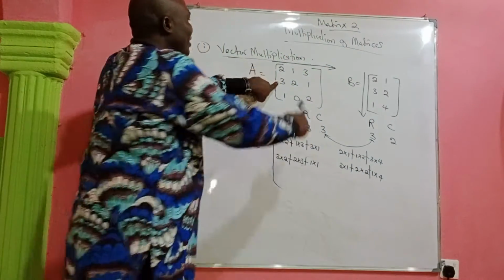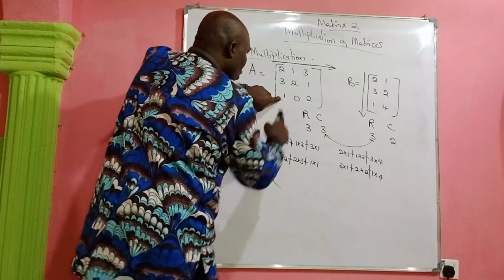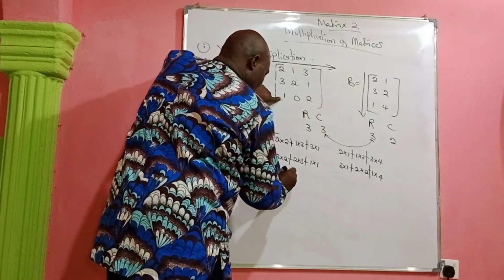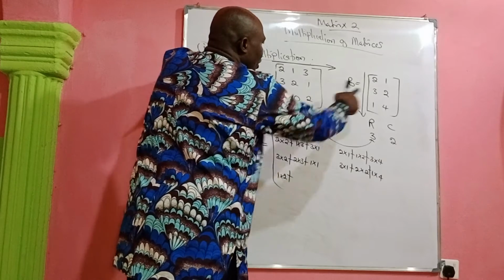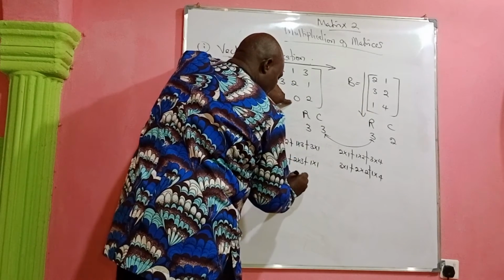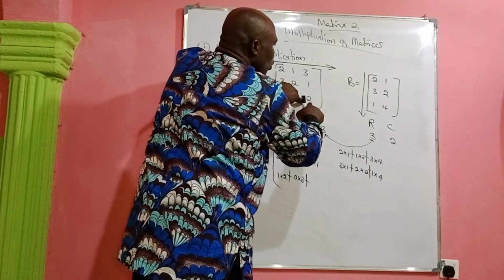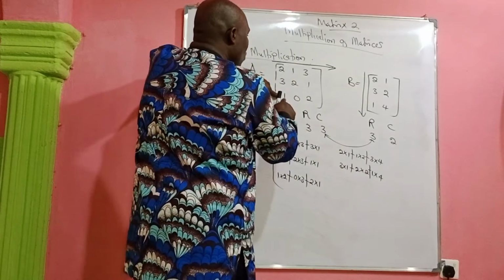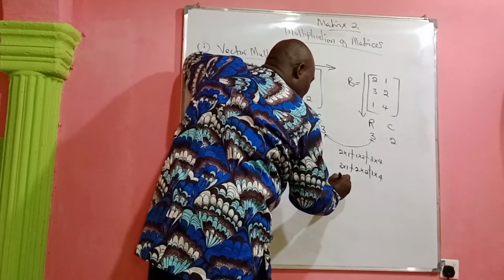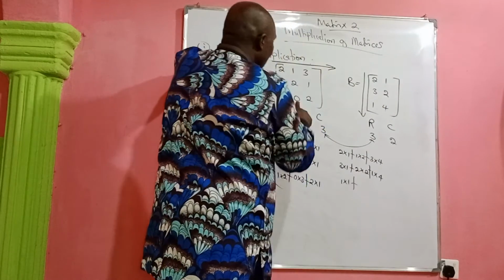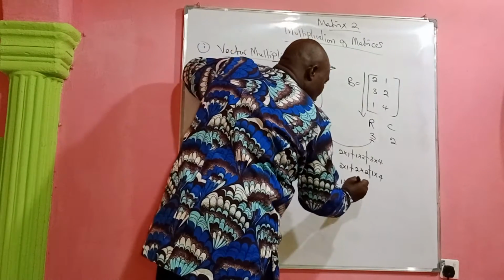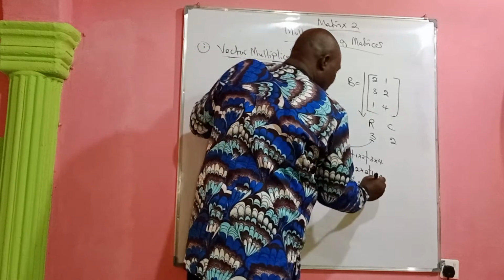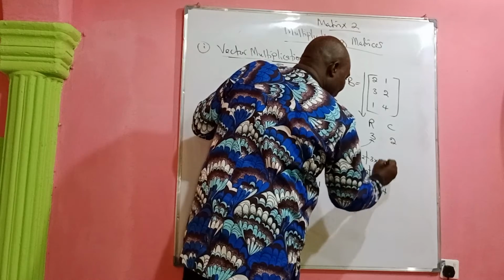So I'm done with this row. I take the last row. 1 times 2. 0 times 3. 2 times 1. I go back again. 1 times 1. 0 times 2. 2 times 4. So I am done with the multiplication.